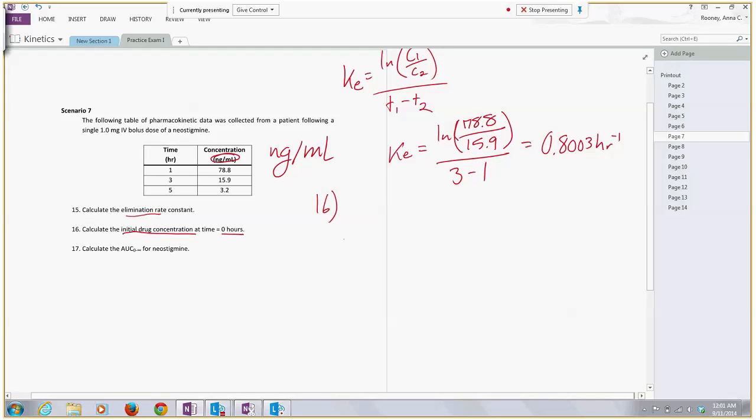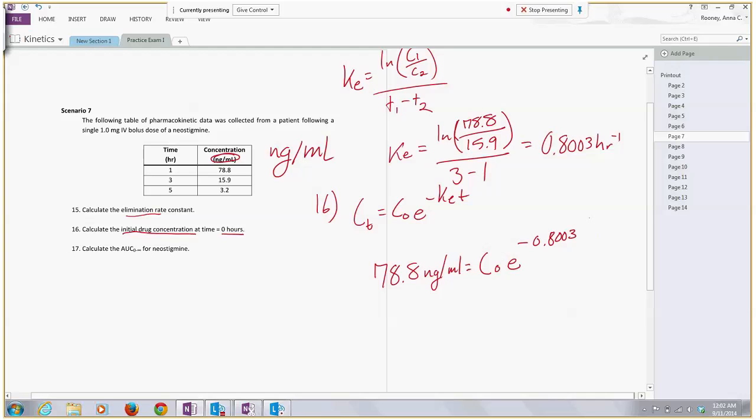So initial drug concentration. You take Ct equals C0 times e to the negative kt. So we know that 78.8 nanograms per milliliter is equal to C0 times e to the negative 0.8003 inverse hours times 1, which makes this super simple, so that just disappears.